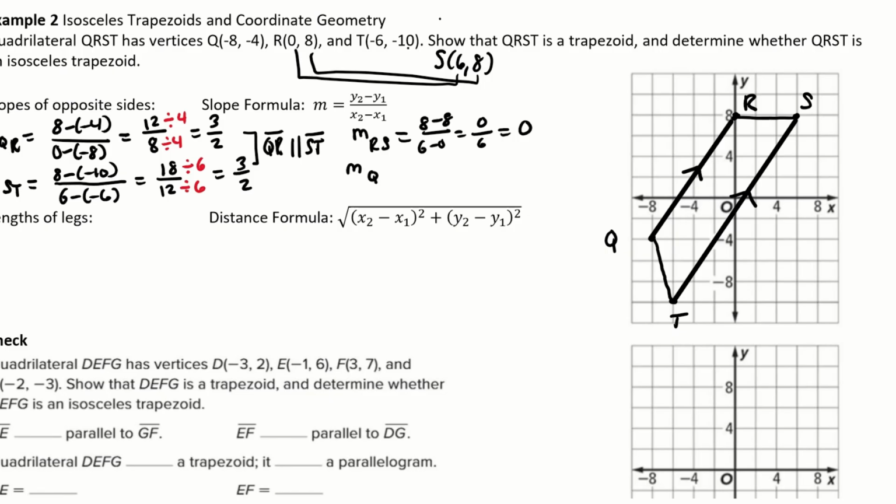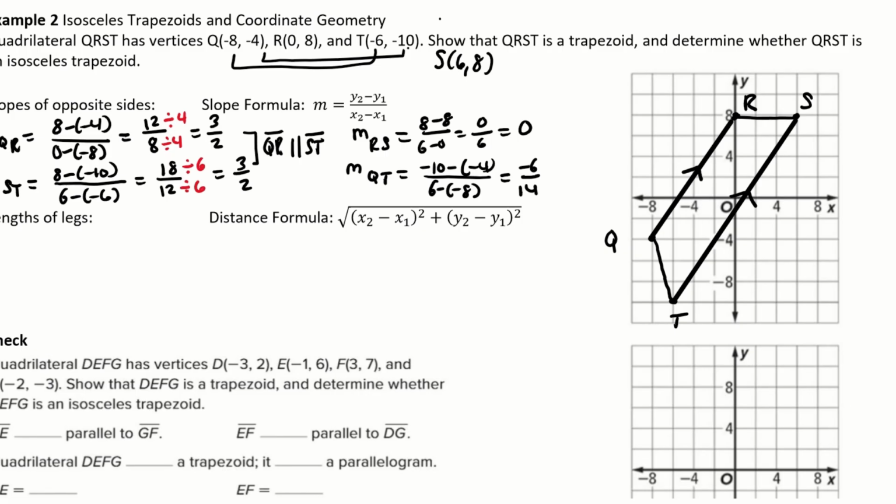QT, to show our work. We've got Q and T, so we subtract the y coordinates: -10 minus -4, over the x coordinates, 6 minus -8. So -10 plus 4 is -6, and 6 plus 8 is 14. Now let's reduce it. Divide by 2, and it becomes -3/7.